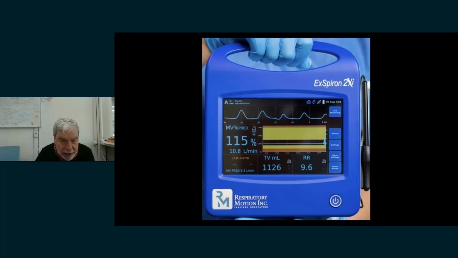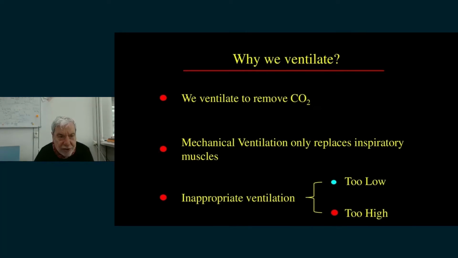So the importance of knowing or measuring what you are observing. And why ventilate? We ventilate to remove CO2. We kept patients for months without any ventilation, removing the CO2 with extracorporeal means and just oxygenating the patient, giving an amount of oxygen equal to the oxygen consumed.